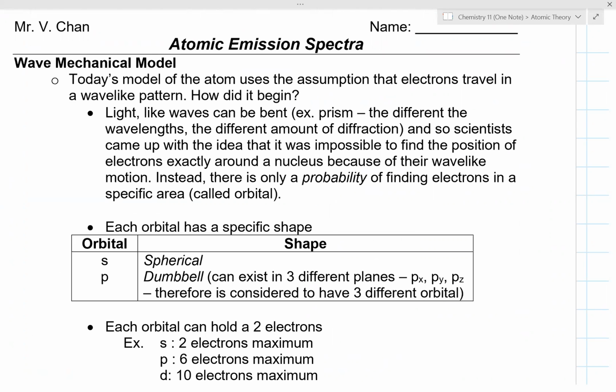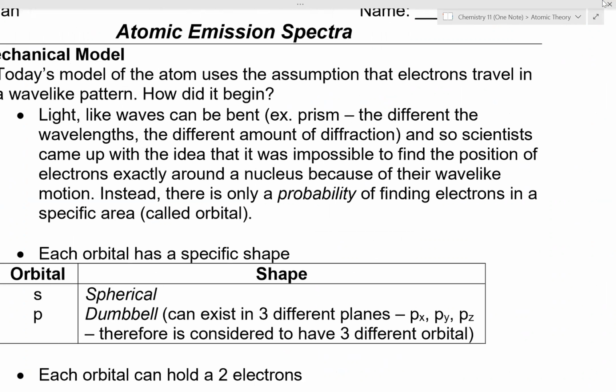Remember I said that light was given off, but light, if you recall back from grade 8, travels like waves and can be bent. So the idea is, how can an electron that travels in a straight line give off a wave?